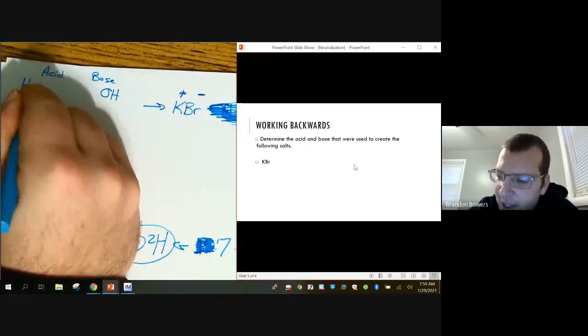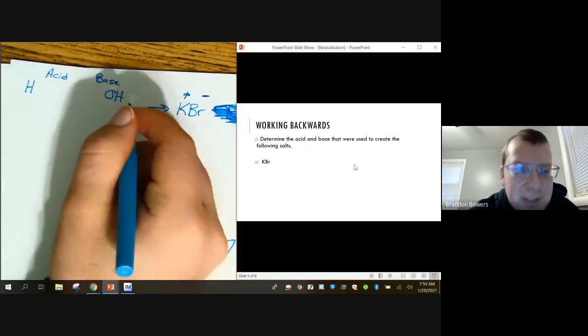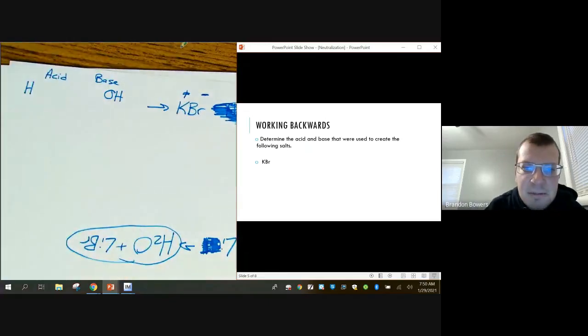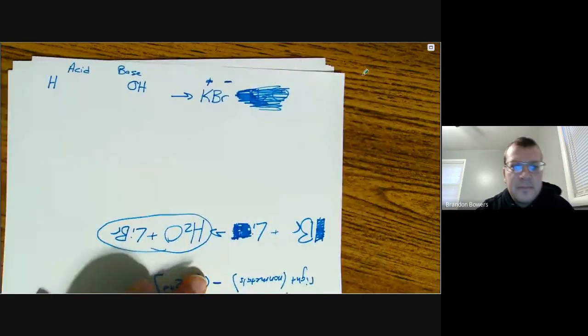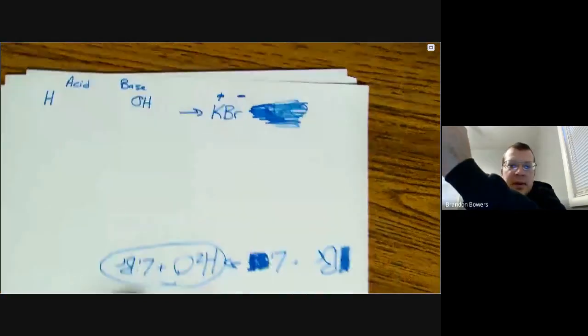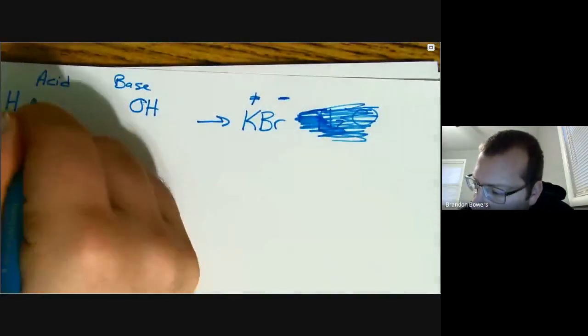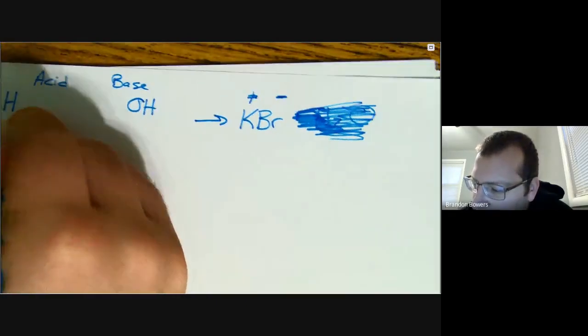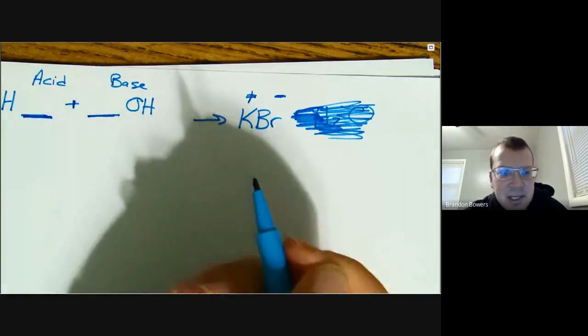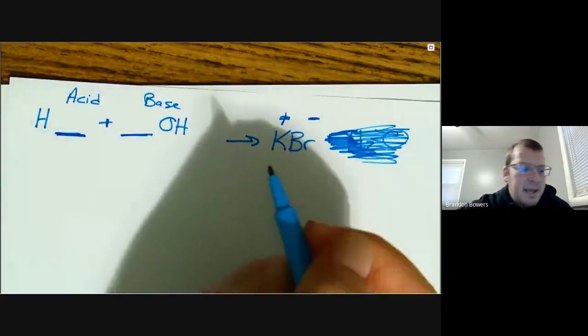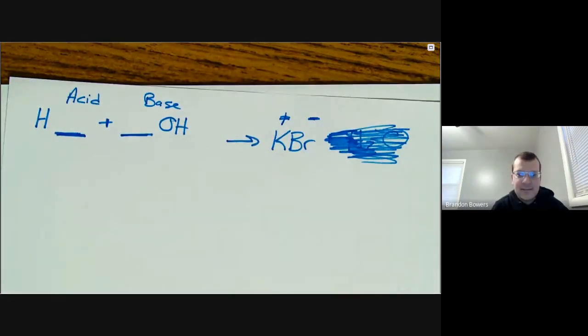Now, we know that acids start with an H. So I'm going to zoom in on this. We know we have to put something here, and then there's going to be a plus, and something's going to go there.